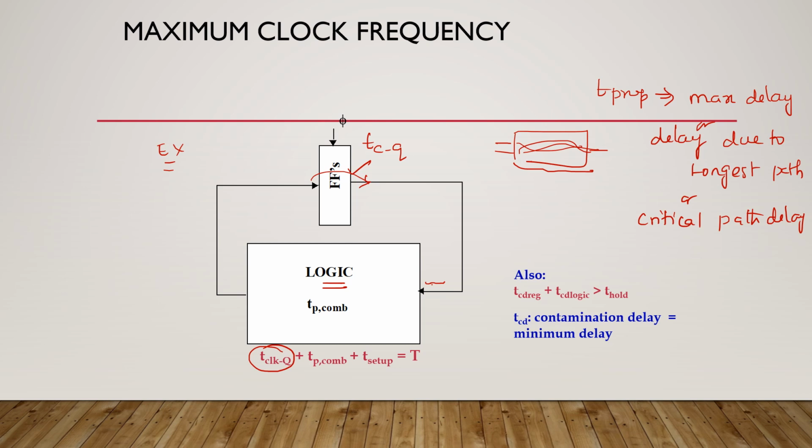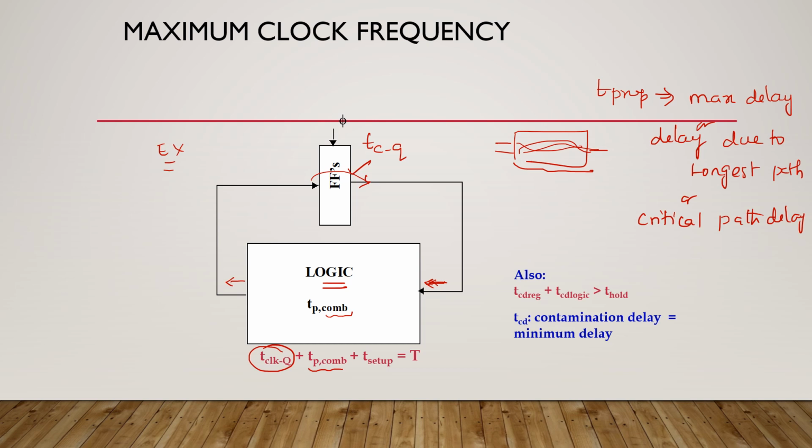So, the input data. After arriving, you can see the propagation delay of the combinational logic circuit. It requires some delay to produce the output. After getting the input, it takes some time to get the output. That delay is called the propagation delay of the combinational logic.